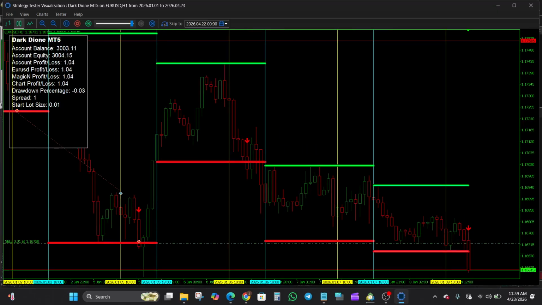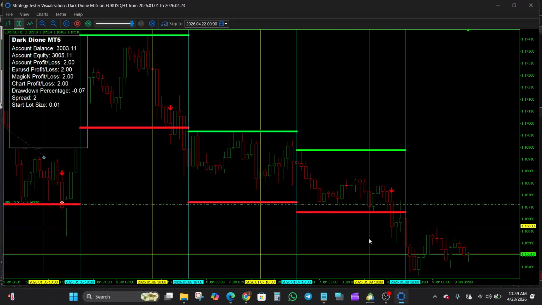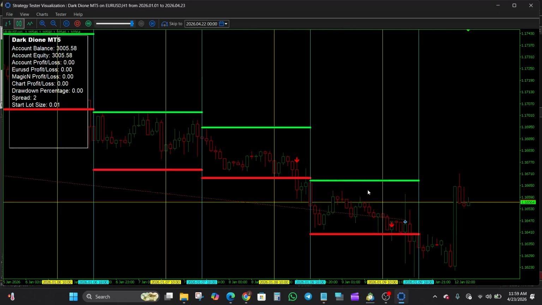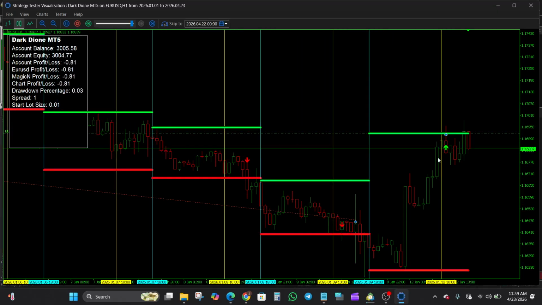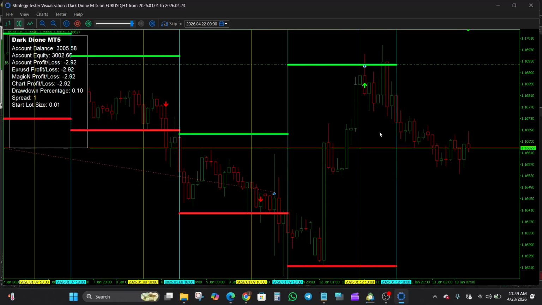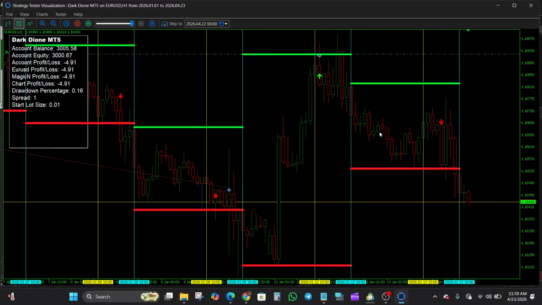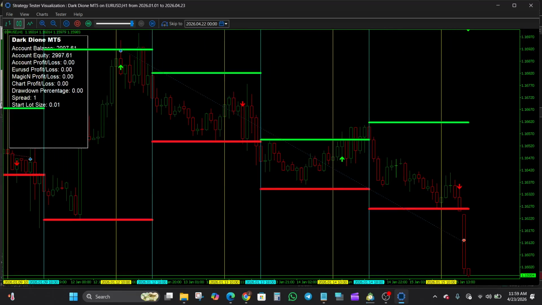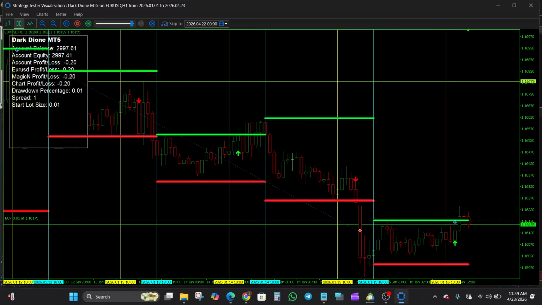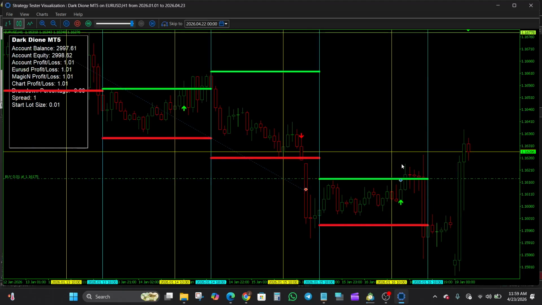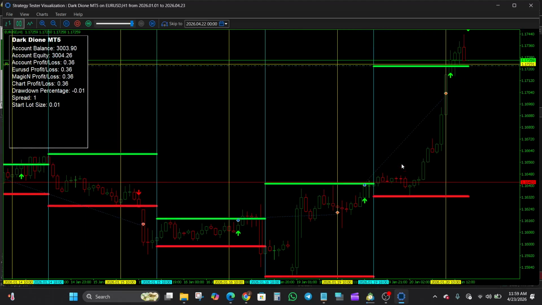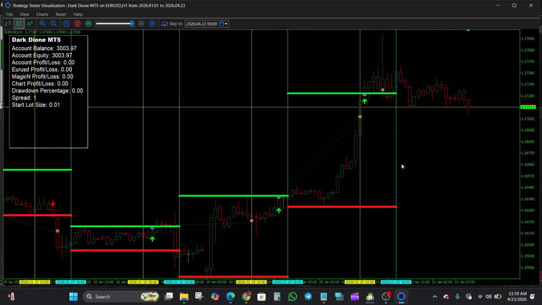So in addition to the entries and all of that, remember that instead of fixed take profit levels, the EA adapts exits based on both price movement and volatility. Let's continue. You can see fewer clean breakouts, and the EA is either delaying entries or entering moves that don't follow through strongly.